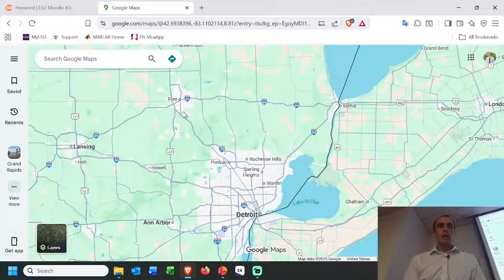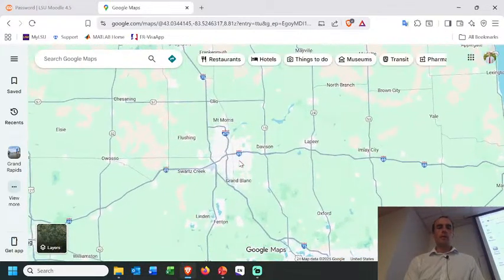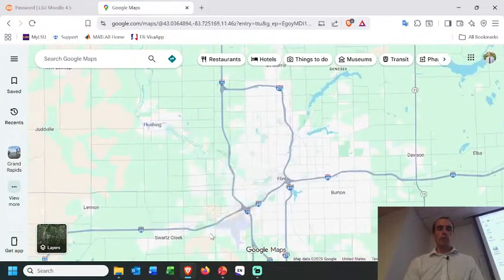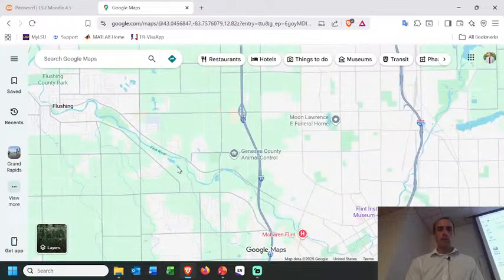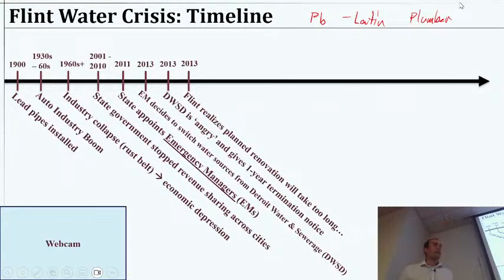Well, they realized that they're not going to have quite enough time to complete all that, given the 1-year notice. So they have to take from the Flint River, which I think is right here. So they have a challenge, and they say, well, that's going to take too long. So what are we going to do?